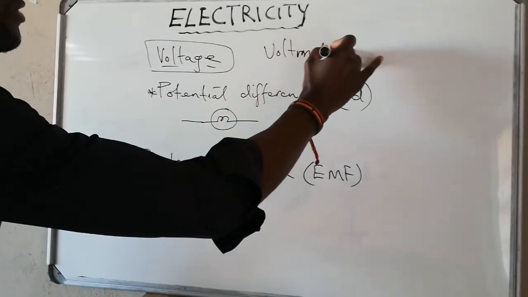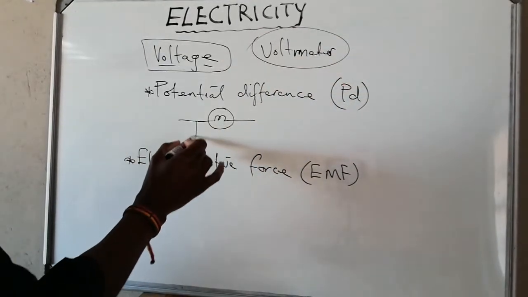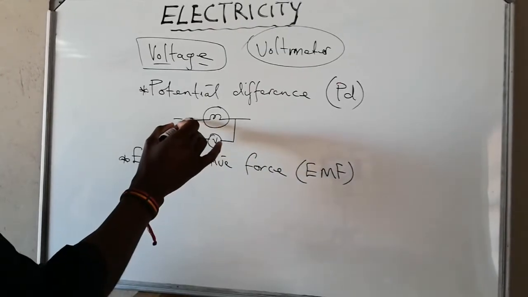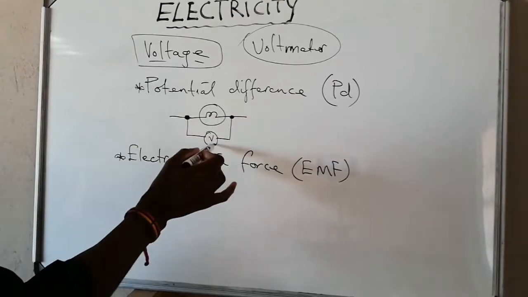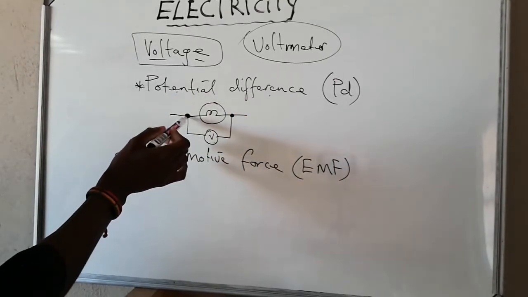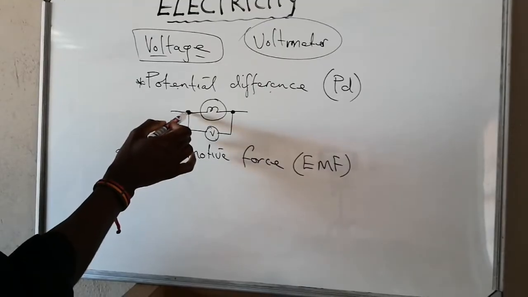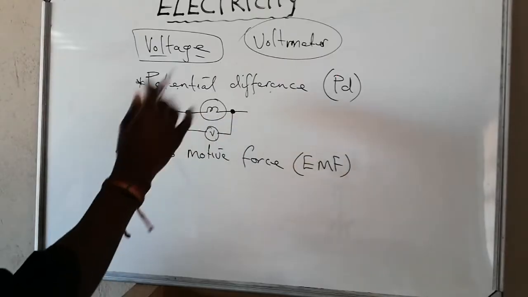A voltmeter measures voltage, and we said you connect a voltmeter across. So this is our voltmeter. It compares the voltage on this side and on that side, then it gives you the difference in terms of how much influence or how much energy is on this side compared to the amount of influence causing the electrons to move on the other side.